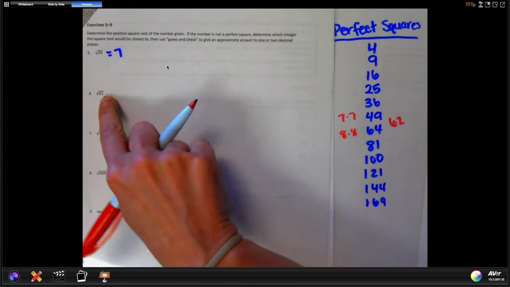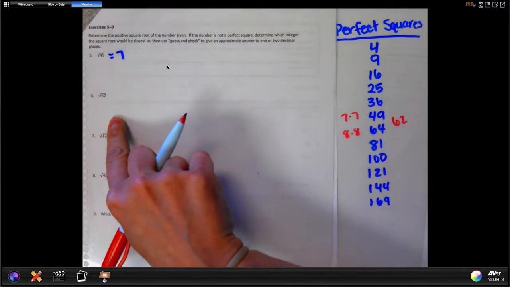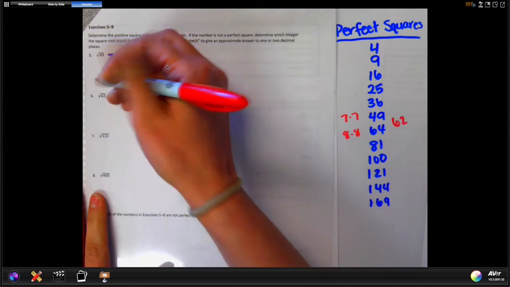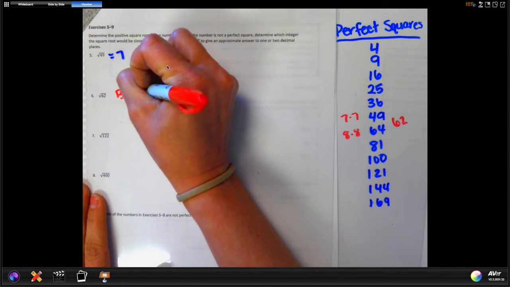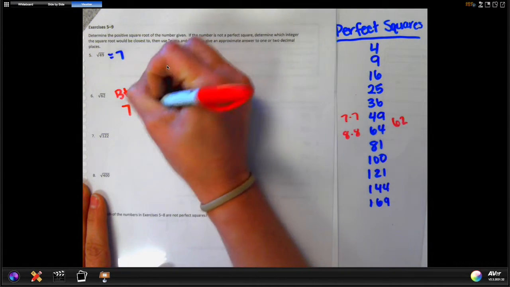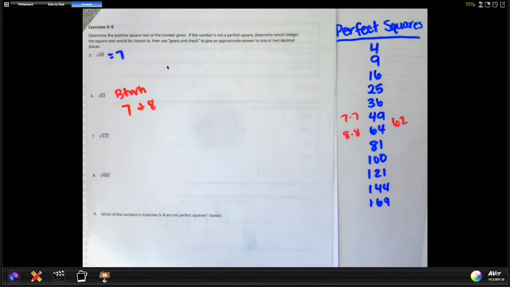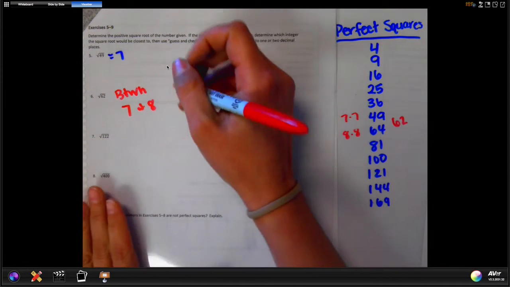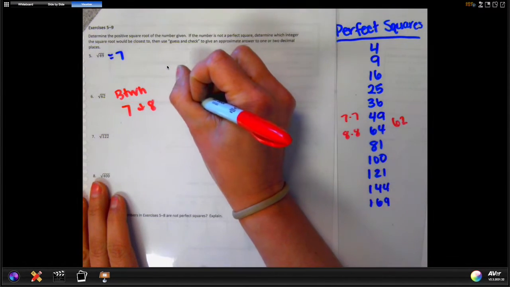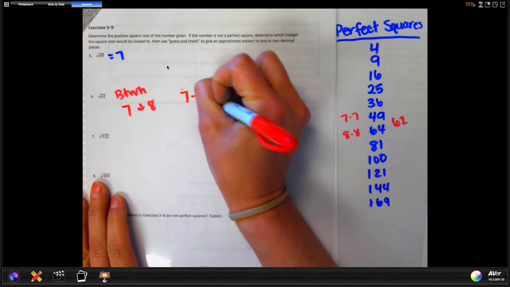So right away now, we know that the square root of 62, this is not our final answer, but we know it's going to be between 7 and 8. Okay, so we know it's going to be 7 point something. Now, we want to get a little bit further than that. We want to know more than just between 7 and 8. Let's narrow it down even further. Is it going to be between 7 and 7.5?